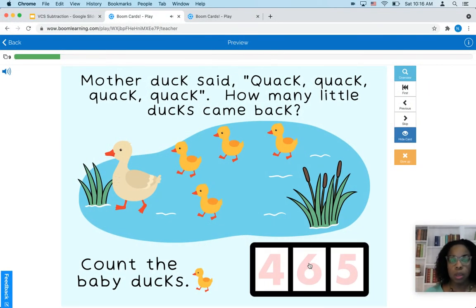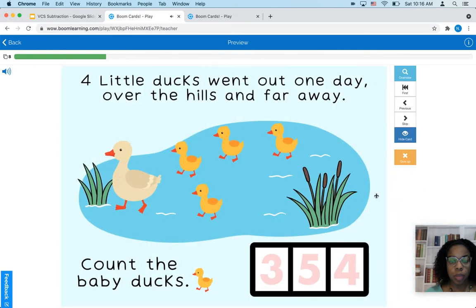And now the next student could come up potentially. Mother duck said, quack, quack, quack, quack. How many ducks came back? Count the baby ducks. Let's count them. 1, 2, 3, 4. Students would press number 4, and so on.